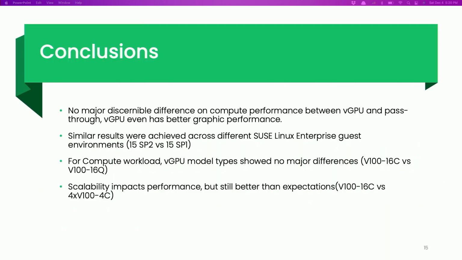So based on all the tests, we managed to make our virtual GPU have similar performance to the GPU pass-through. And we also found that no matter what kind of vGPU type you're using, like the workstation type or compute type, it has similar performance.